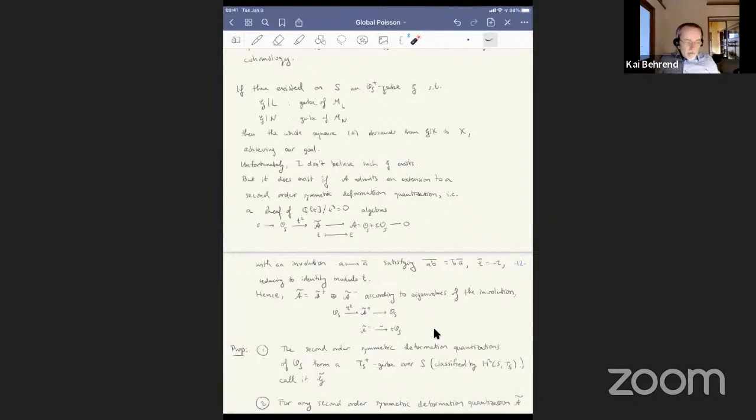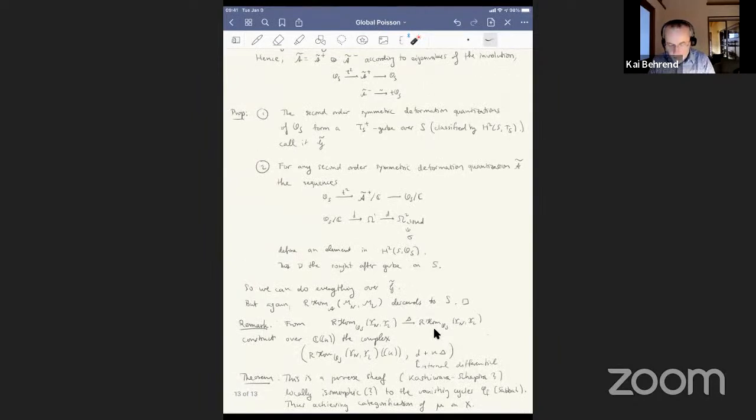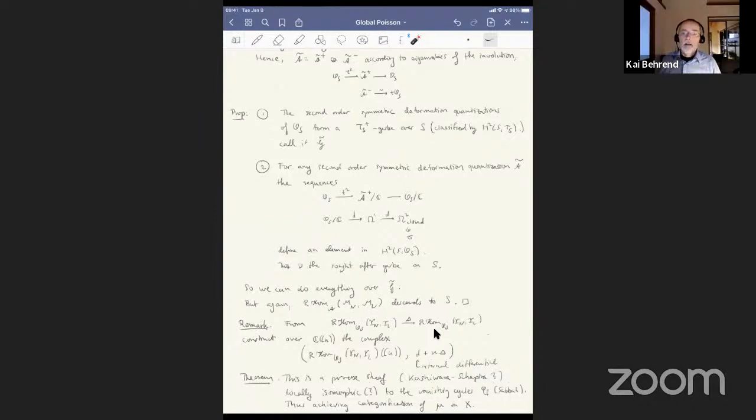I must admit, if someone here knows the answer to this thing that has been bothering me for a while: the only reference I know that compares this perverse sheaf coming out of deformation quantization, this one here, with vanishing cycles is this work of Sabbah.